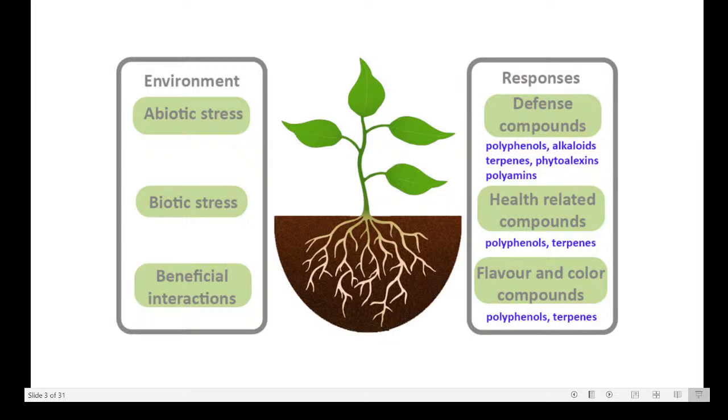For the plant to sustain in that environment, it produces some metabolites for sustainability. And the defense response, the defense compound, is nothing but the insecticidal property.